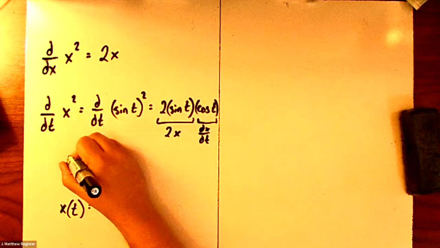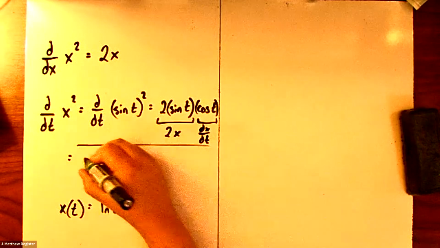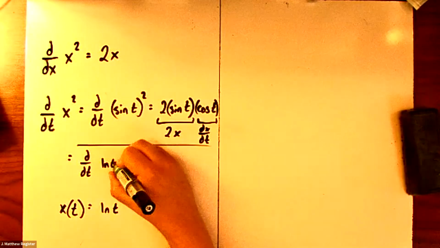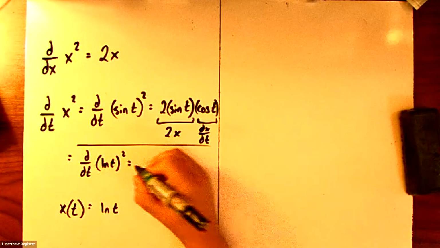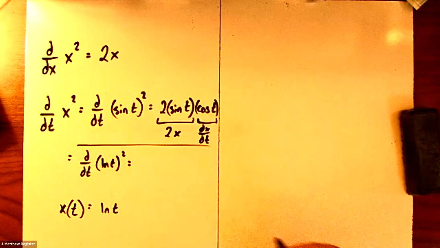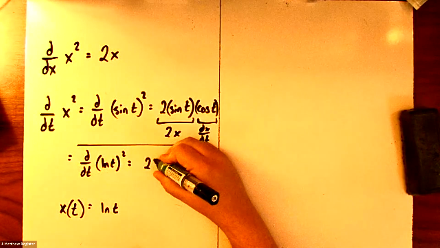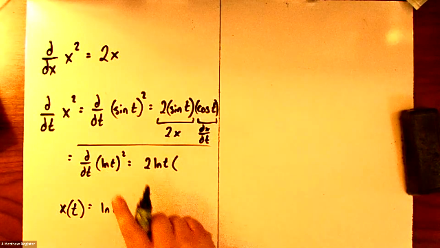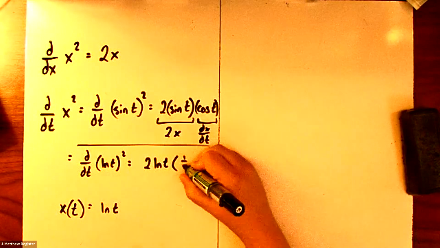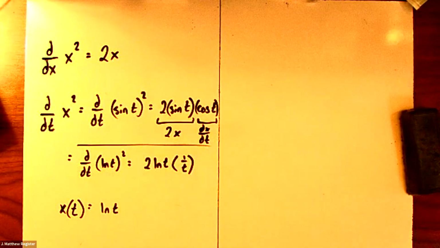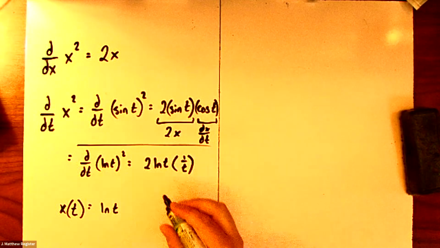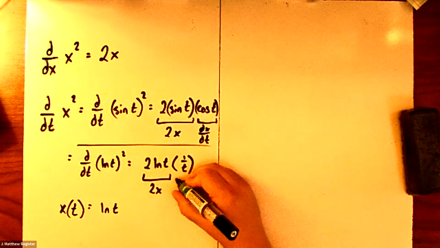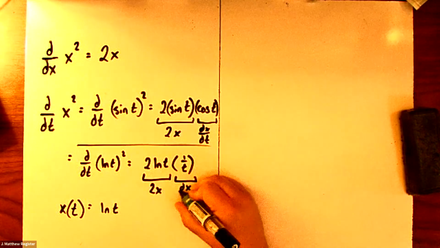Well, then we could say that this is equal to d/dt of natural log of t squared, which we would know would be 2 natural log of t times the derivative of natural log of t, which is 1 over t. Notice again, in this case, this expression right here was 2x, and then this was dx/dt.